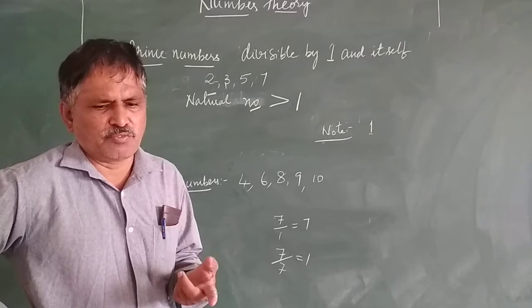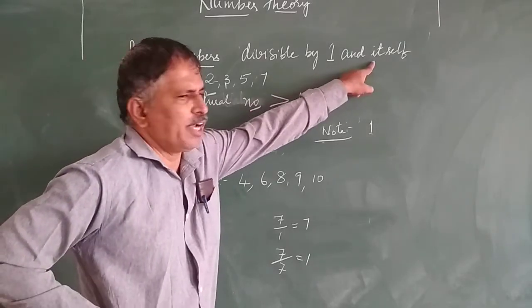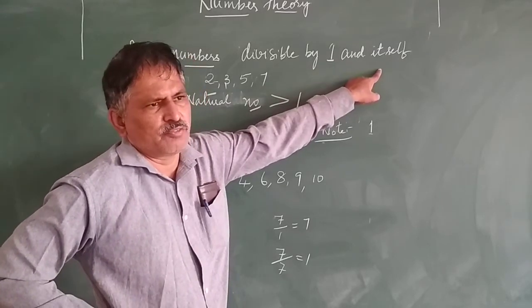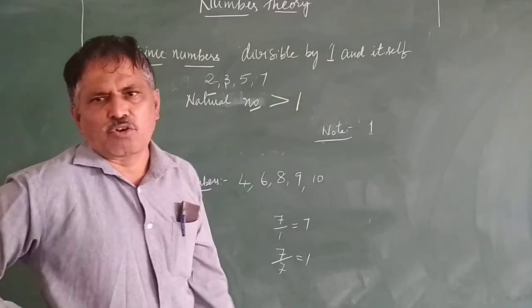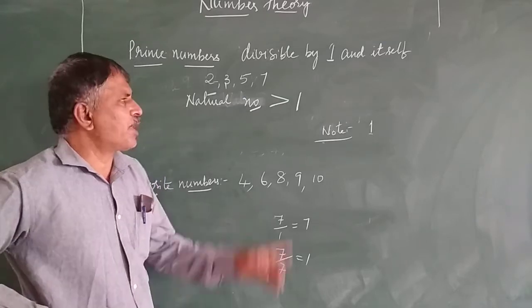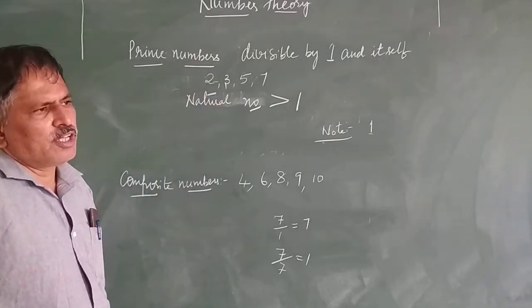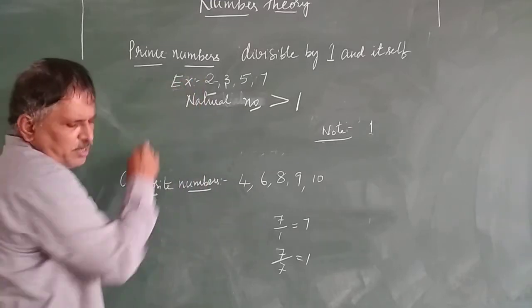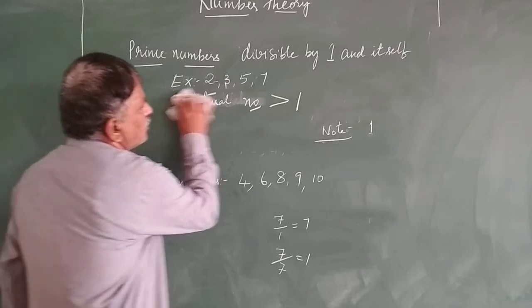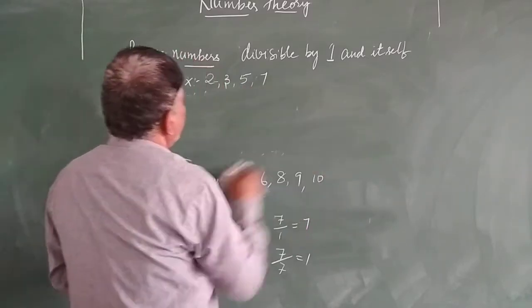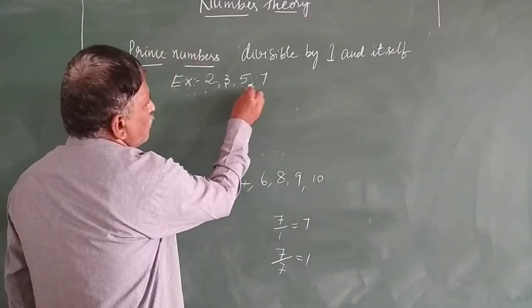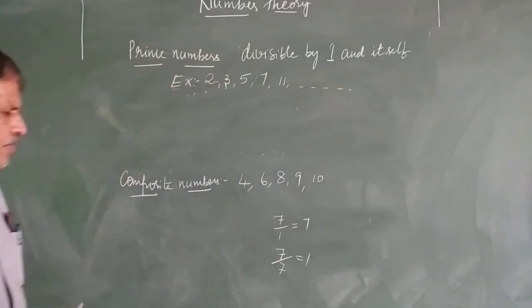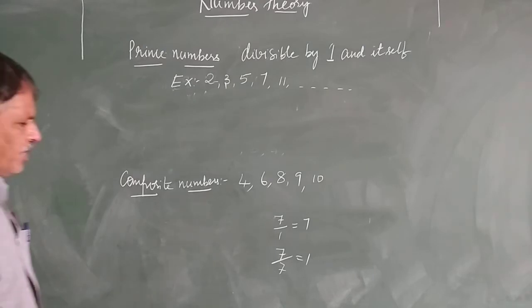Those numbers which are divisible by 1 and itself are called prime numbers. Example, you can write 2, 3, 5, 7, 11, and so on up to infinity.